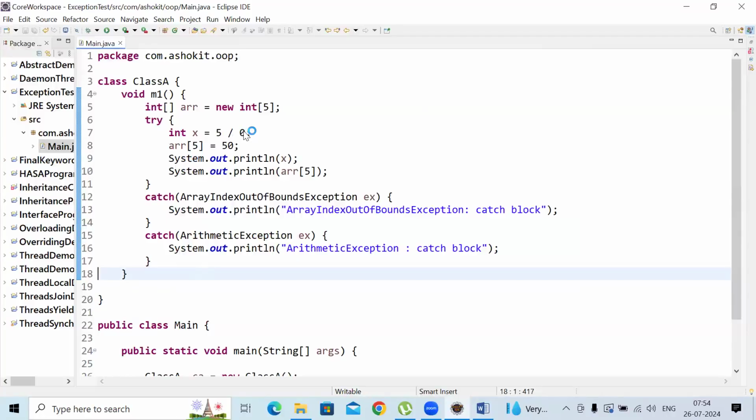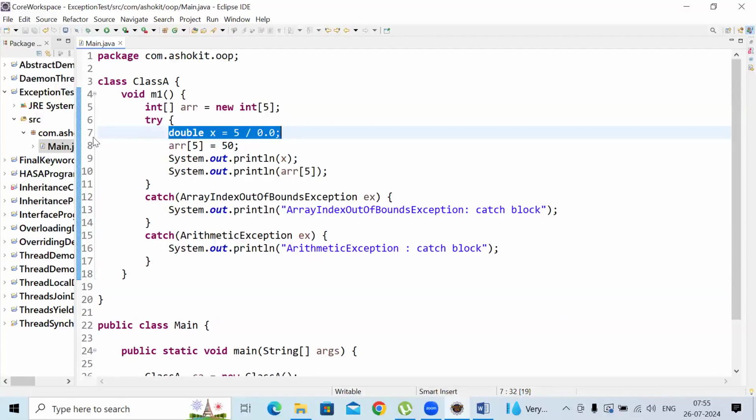For example, here I am writing 5 divided by 0.0. And 0.0 means we are going to get output in double, na? Double x is equal to 5 divided by 0.0. Okay. If you take line number 7 now, in try block, we have the first line double x is equal to 5 divided by 0.0.